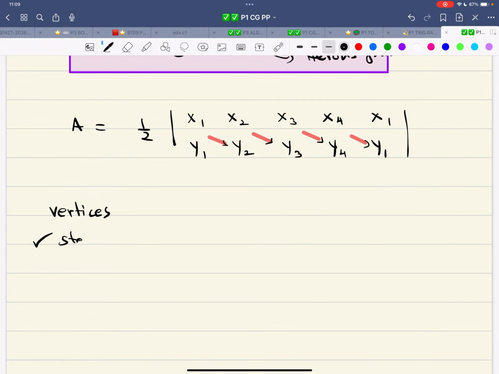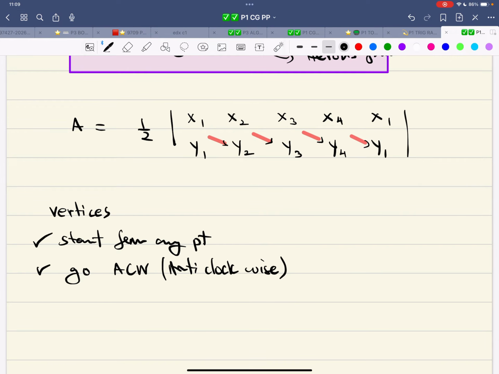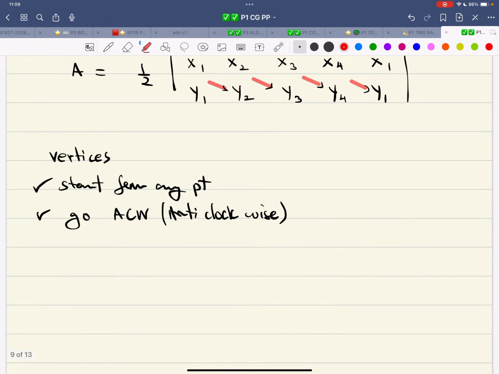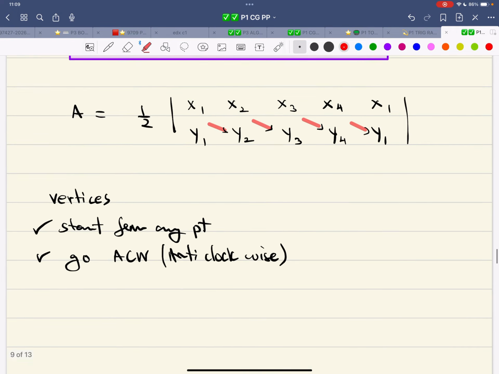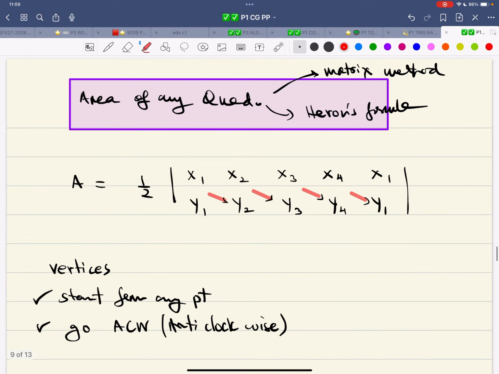Start from any point and go anti-clockwise. That is the rule. Anti-clockwise. And the first point is written last. When we multiply in this order, we add it up, and then we multiply in the opposite order. We also add it up and then we subtract.